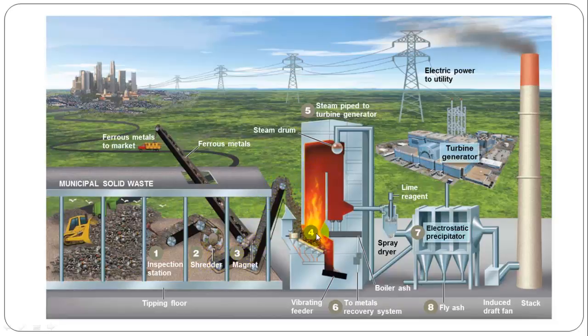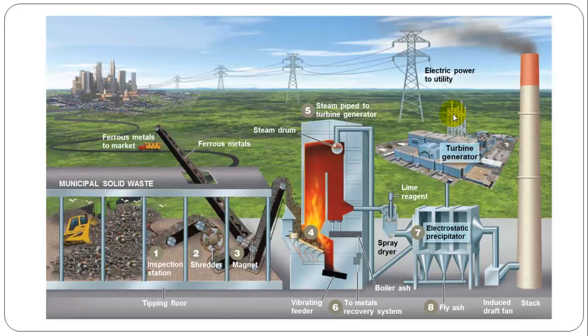And you can have different ways in which you can save some of the things, or have a recovery system for the metals, try and reduce emissions, and then create electricity and put it into the power grid.